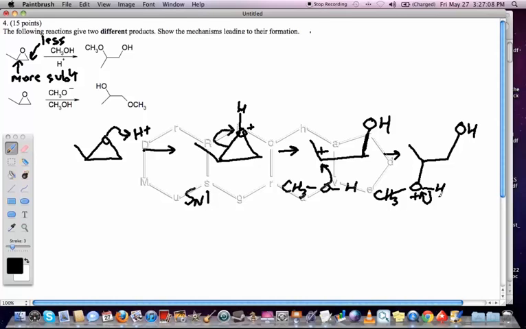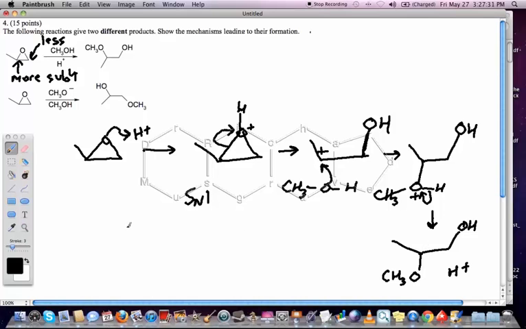Then in the last step we'll lose the H+, and we'll end up with our product. So the OCH3 ends up on the more substituted of the two carbon atoms.